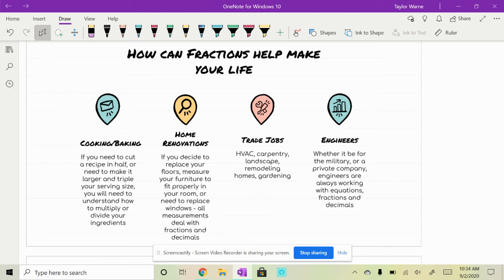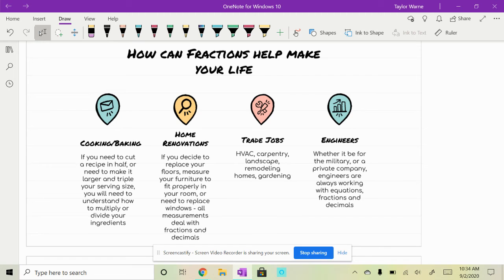Trade jobs are very similar. Anything with HVAC, you have somebody who has to draw up the blueprints for your HVAC systems. So those are very intense to look at and to blueprint out. And again, a lot of dealing with fractions because almost nobody's home is perfect sizes.